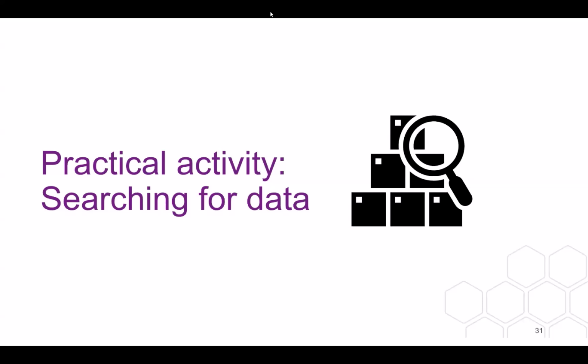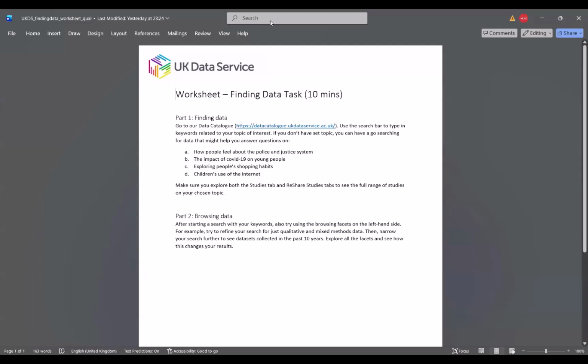Here it is. And I can see there are some questions here, so I will have a look at those. I'm going to give you 10 minutes just to have an explore. So the first part of this worksheet is just to find data. Just go to our data catalog, use the search bar to enter some keywords that might be of interest to you.